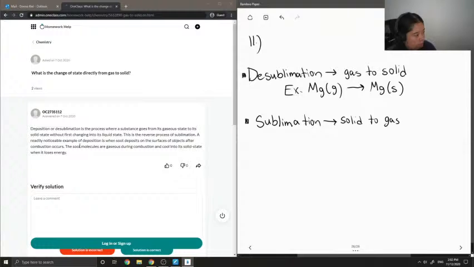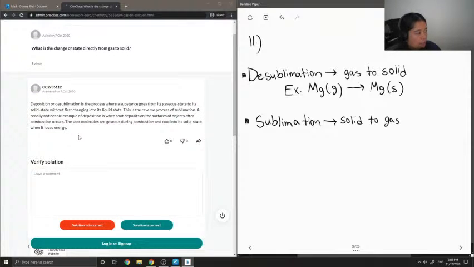So let's see what our junior tutor said. Deposition or desublimation is the process where a substance goes from its gaseous state to its solid state without first changing into its liquid state. This is the reverse process of sublimation.